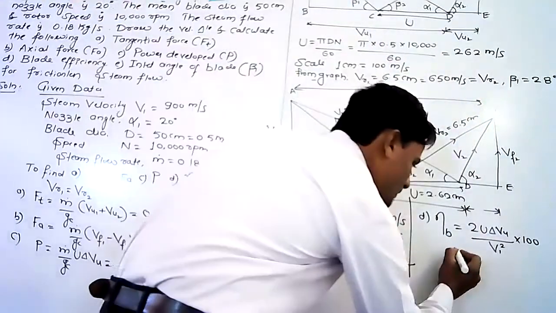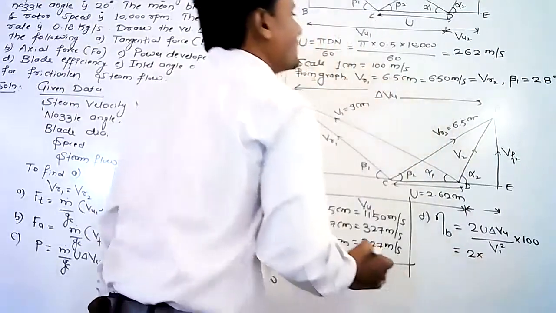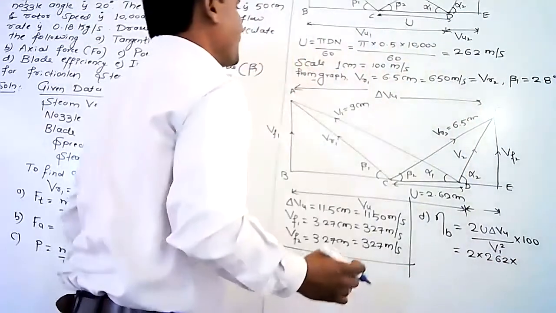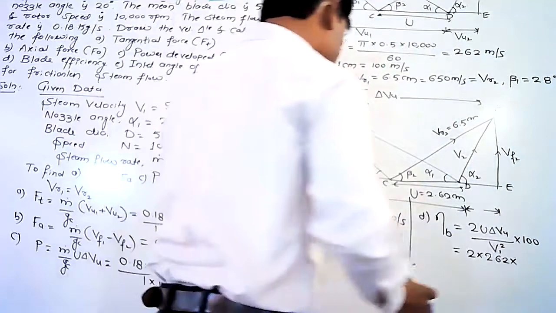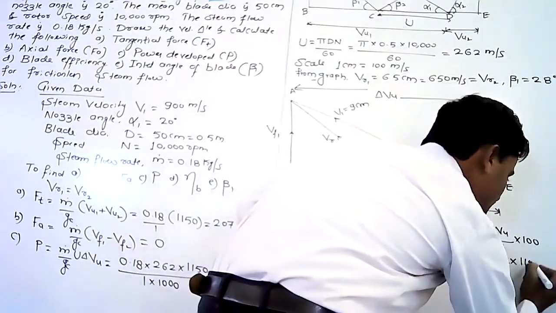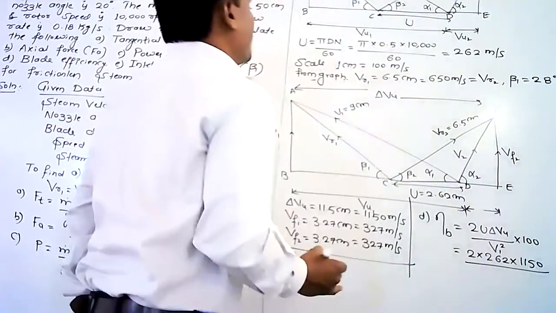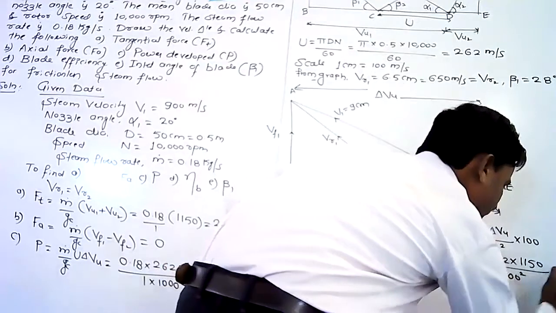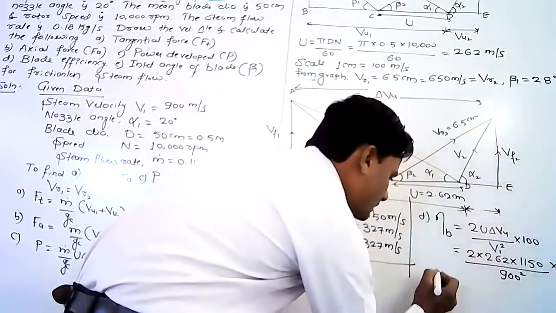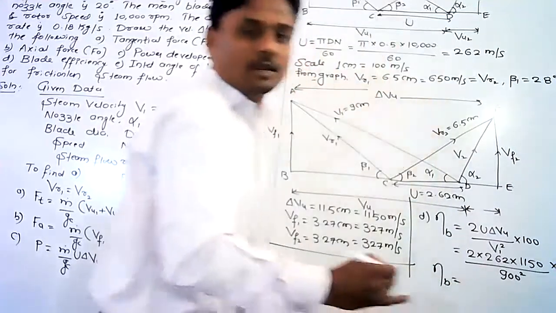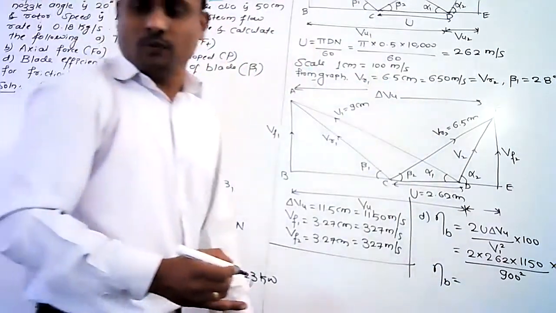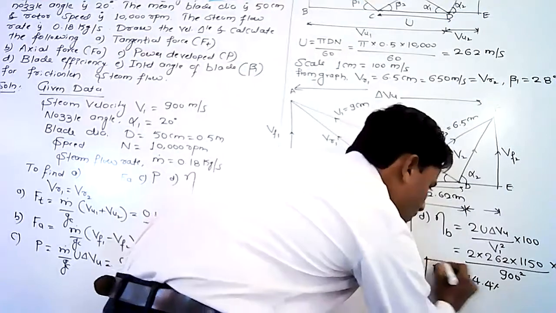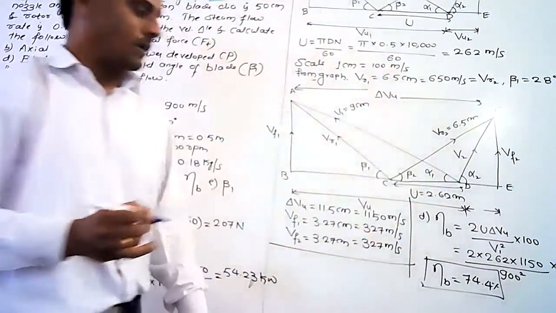So substitute all the values. 2 into u is 262 into delta Vu is 1150, divided by V1 square, and V1 is 900 square, into 100. Therefore the blade efficiency is 74.4%. This is the answer for the fourth bit.